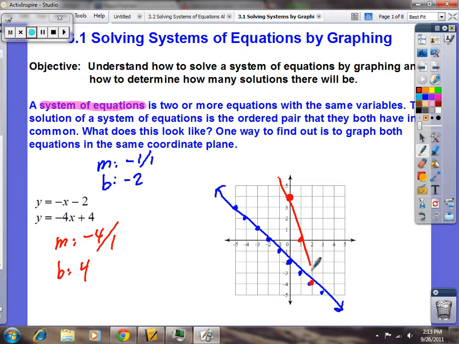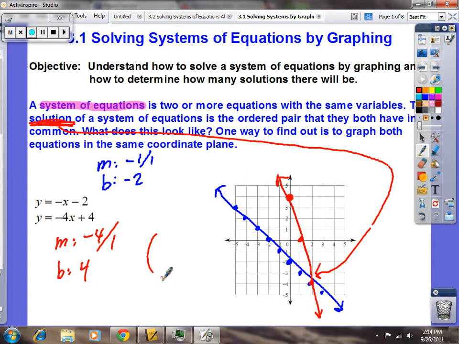You read ahead about the solution. What is the solution? What's the answer to a system? The point they have in common. The solution is where they cross. It's their intersection. So how do I get to that intersection?